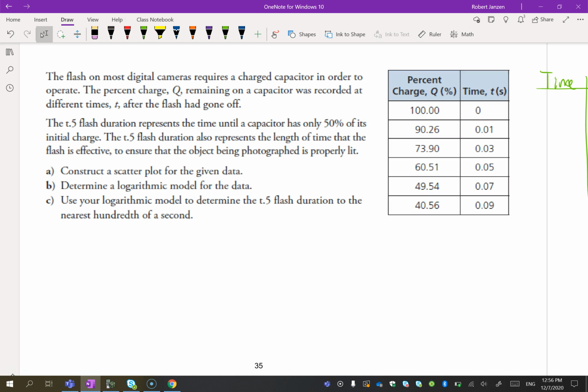Okay, so it says the flash in most digital cameras requires a charge capacitor in order to operate. The percent charge remaining on a capacitor was recorded at different times t after the flash had gone off.